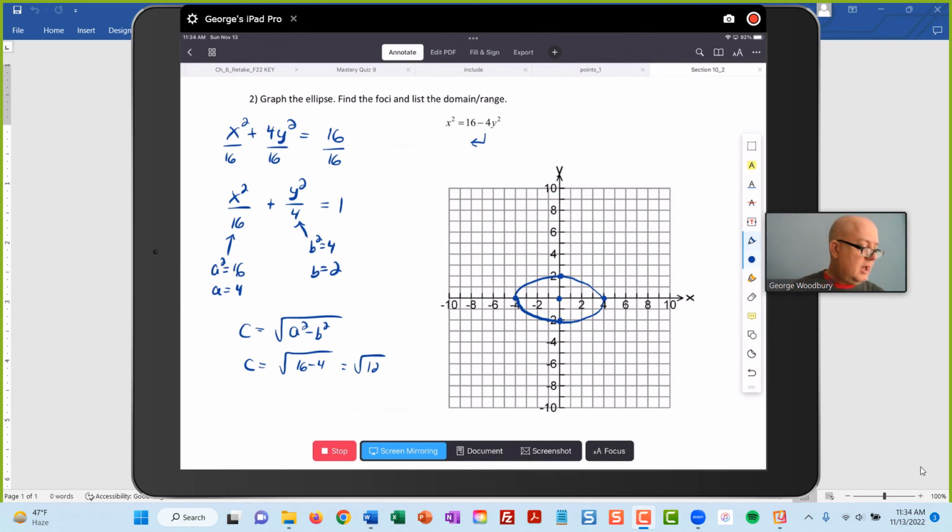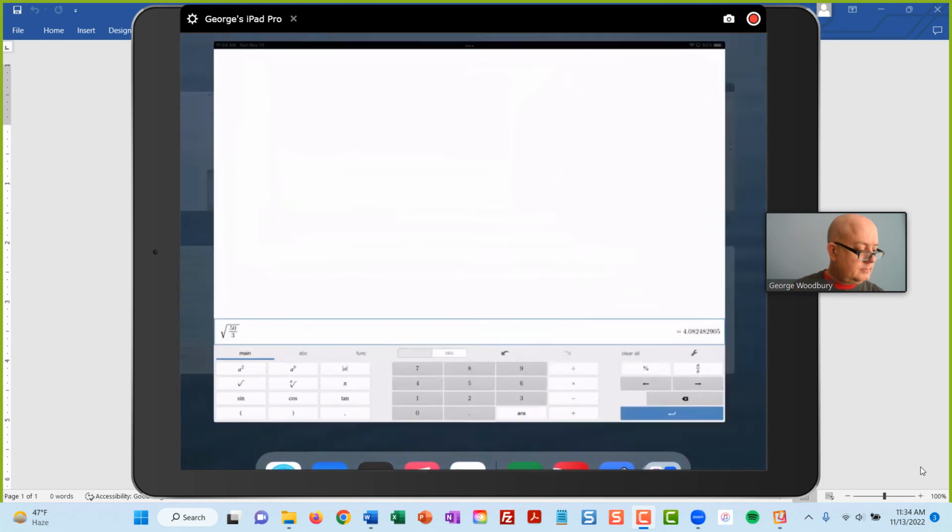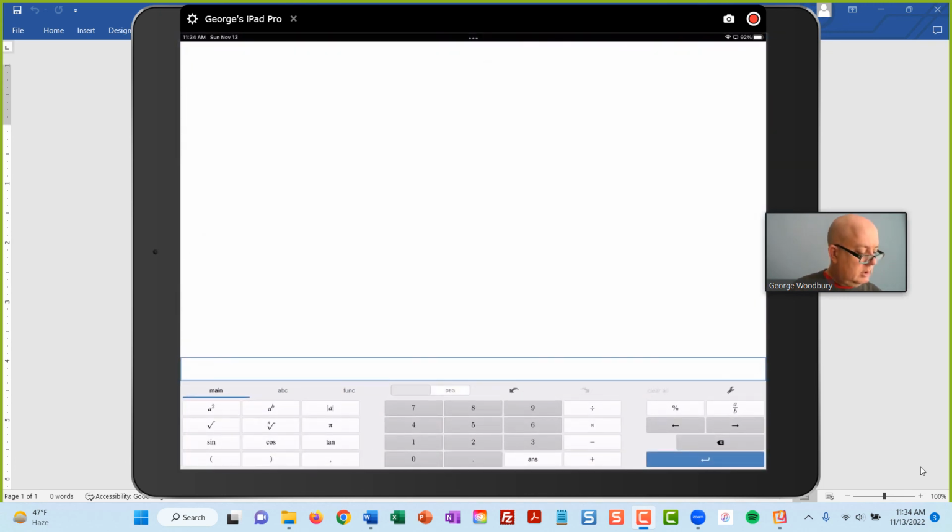Let me just show you that. Square root of 12, 3.46, maybe 3.5 would be better. We could simplify the square root of 12, by the way. That's the same as 2 square root of 3. We see the same result there. So 3.46, if we're rounding to the nearest tenth, that's 3.5.